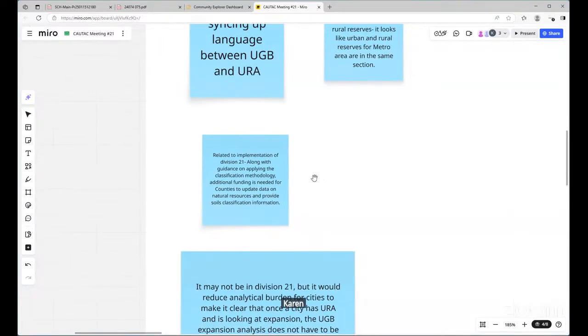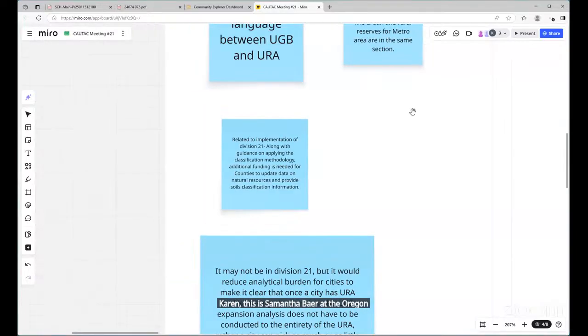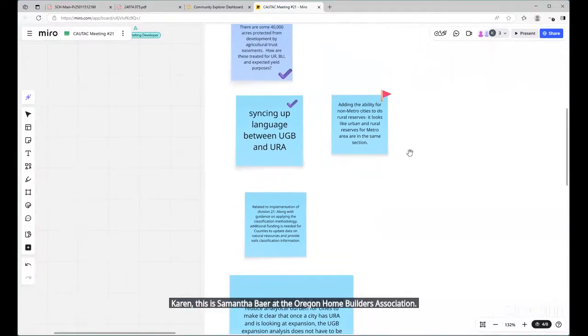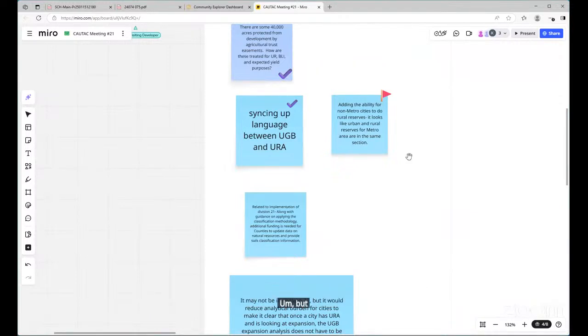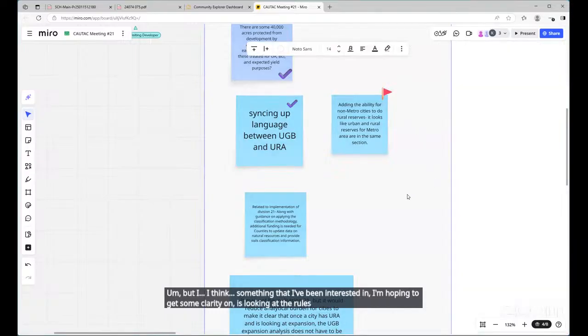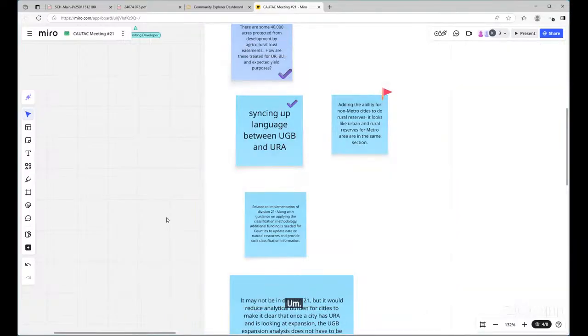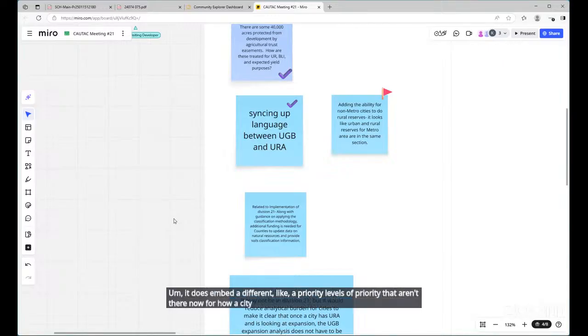Karen, this is Samantha Bear at the Oregon Home Builders Association. I had a quick question, and I'm sorry, I'm joining by phone, so I can't tell who was just speaking. But something I'm hoping to get some clarity on is that the rules itself embed different levels of priority that aren't there now for how a city should consider which land should be put into urban reserves.